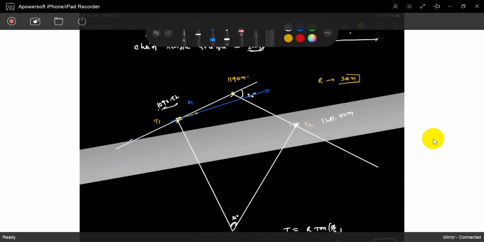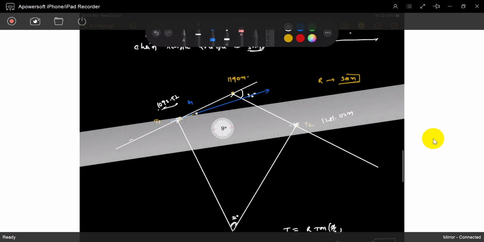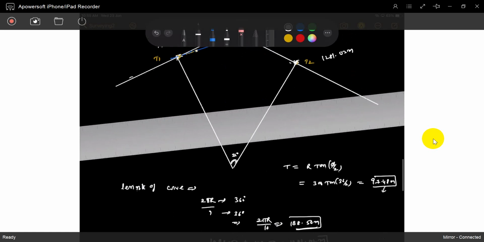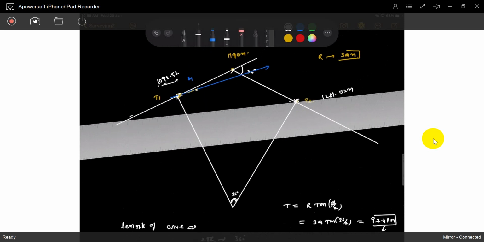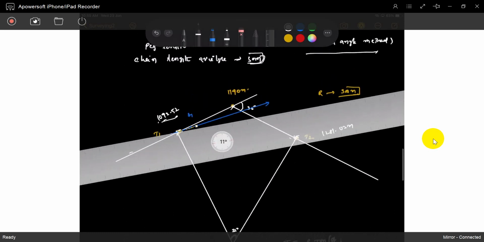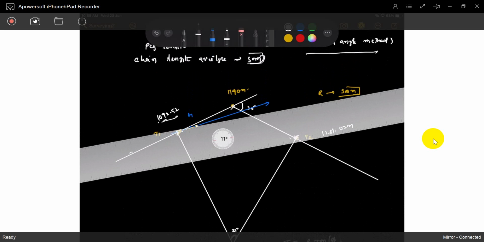Next, from this point to here again, the second angle is delta 2, which is 2 degrees 51 minutes. Just make it 2 degrees 51 minutes.